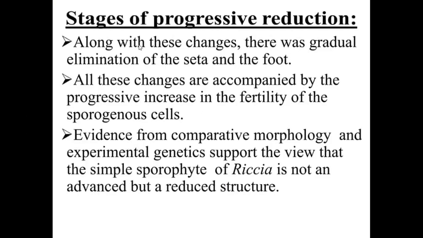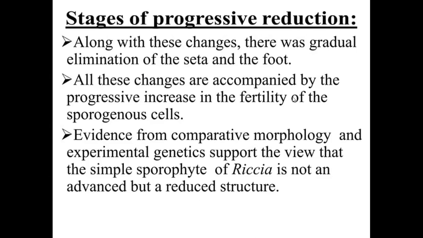Along with these changes, it has been observed that there is a gradual elimination of the seta and the foot. Yes, we have seen that in Bryophyta, that is in Funaria and Polytrichum, there is a well-developed foot and seta. As we move to the lowermost ones, that was reduced. All these changes are accompanied by an increase in the fertility of the sporogenous cells.